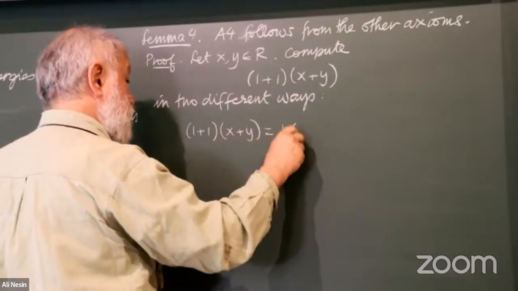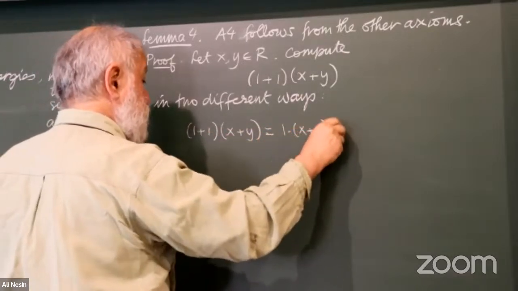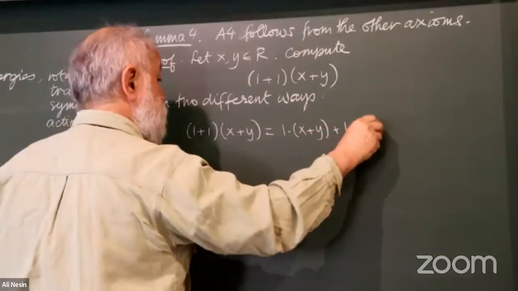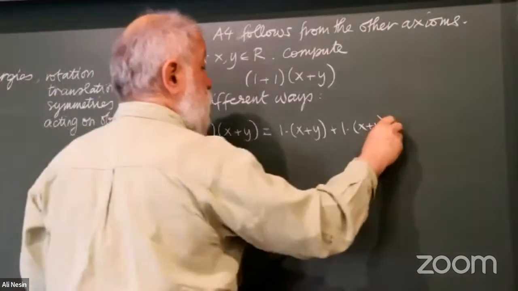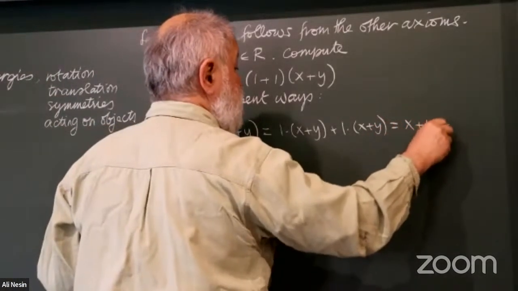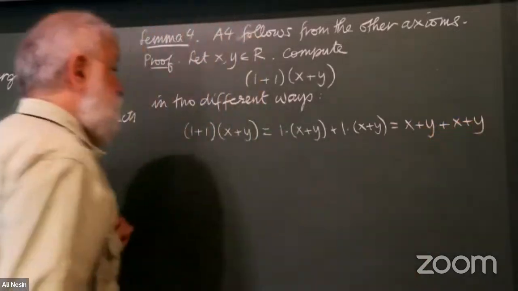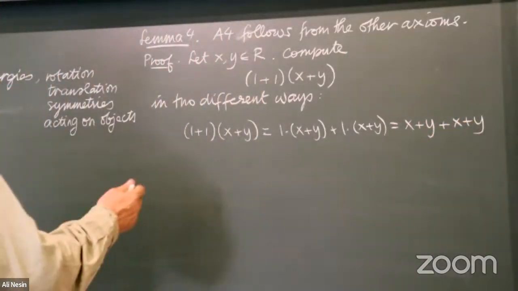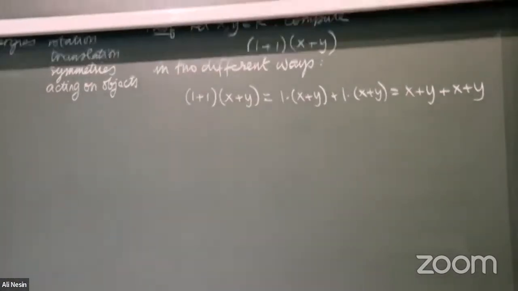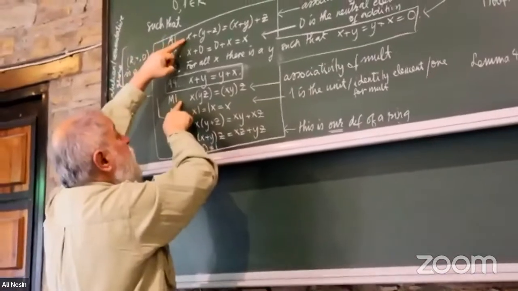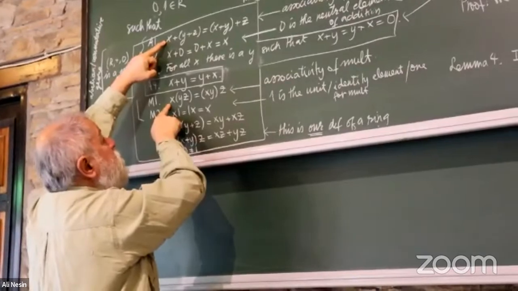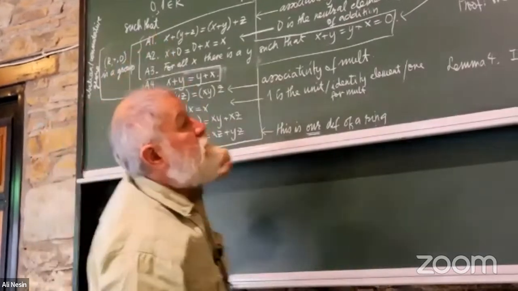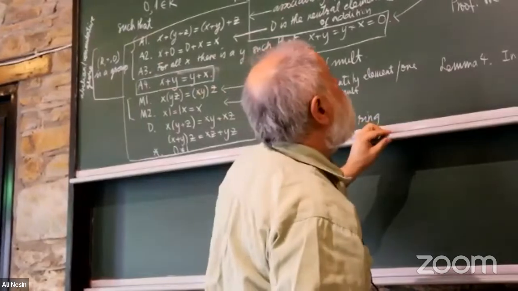This is 1 times (x plus y) plus 1 times (x plus y). And this is equal to x plus y plus x plus y. A1 and M1 tell us that in adding and in multiplying, you don't need parentheses.